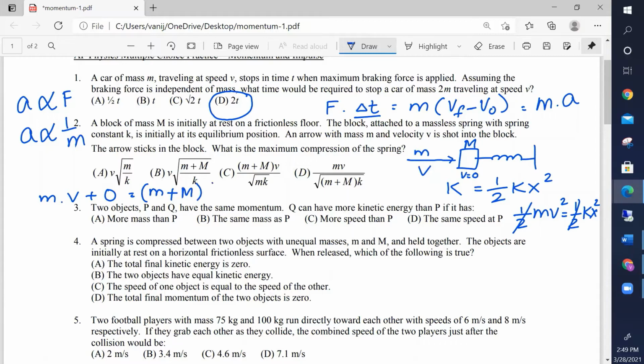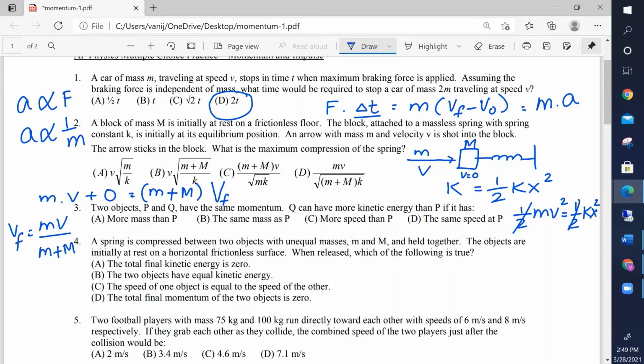Let's call that Vf. So I figured out that Vf would be equal to mv divided by (m plus m).